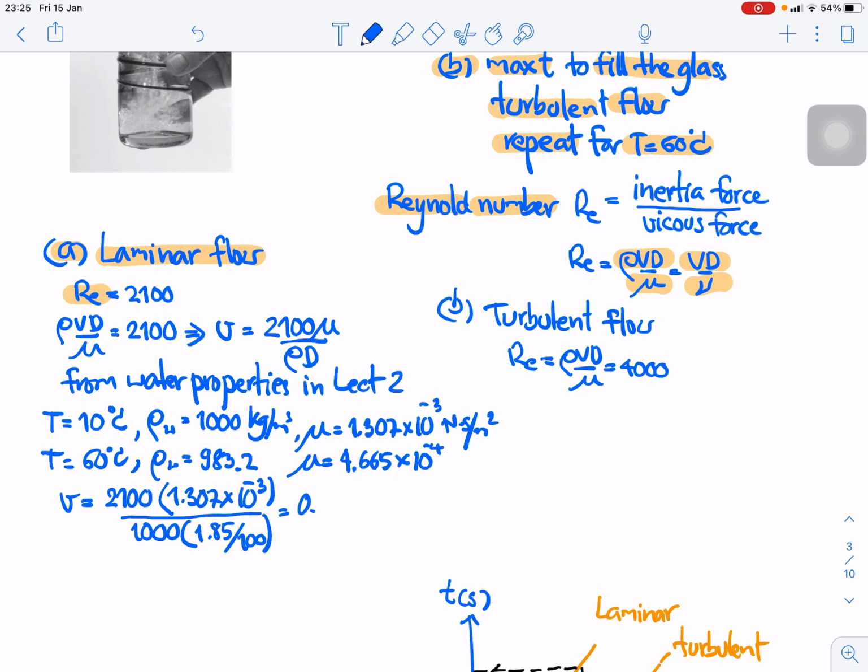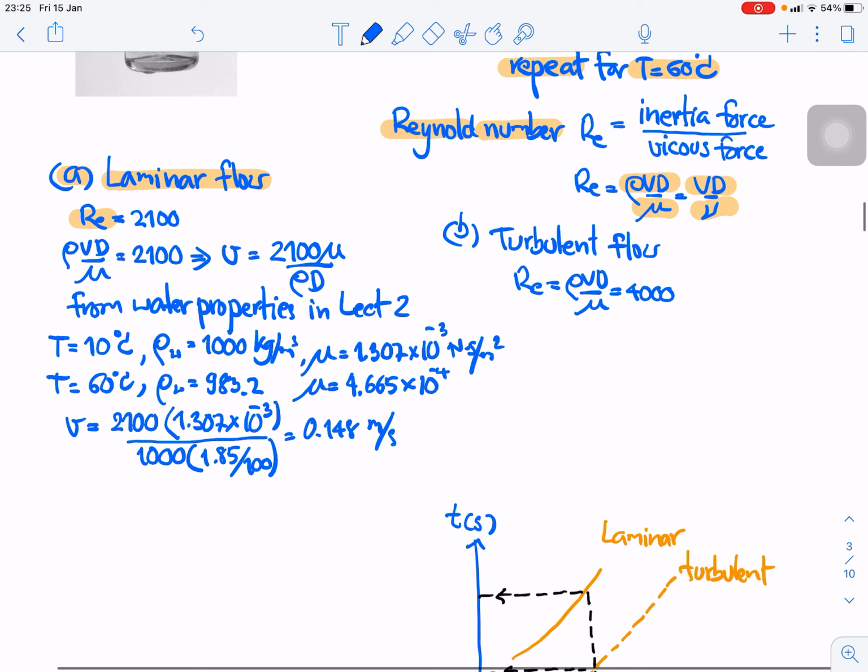For the laminar flow, the velocity is equal to 0.148 meter per second. Okay. And we have to find Q. Q equals V A, which equals the volume divided by time.